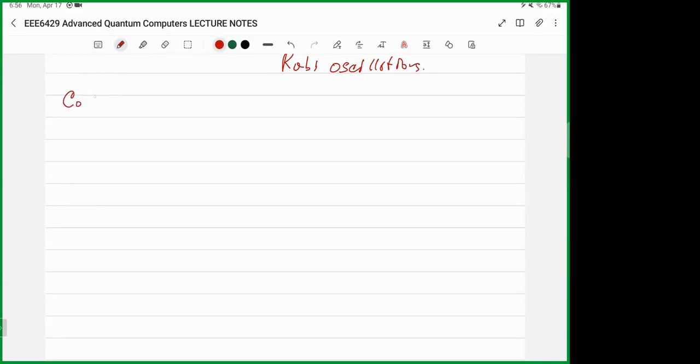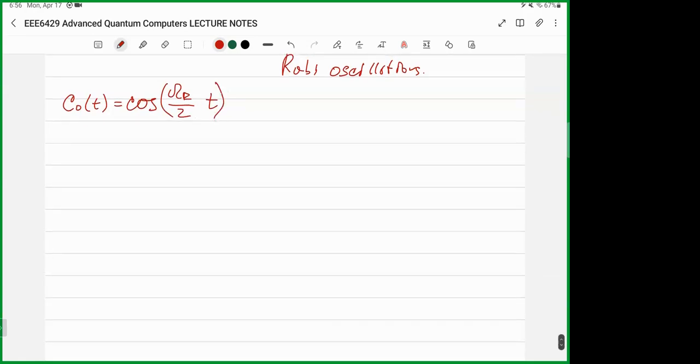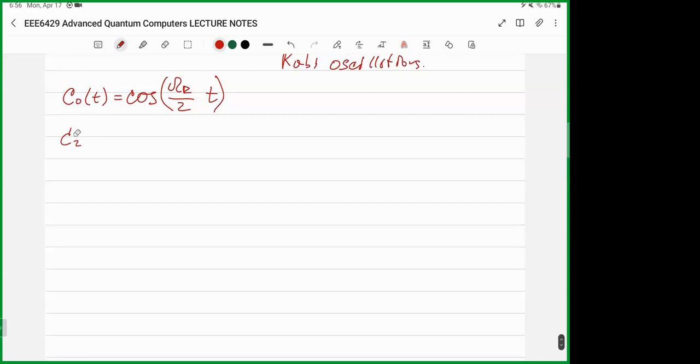So the solution of the first one will be C sub 0 of t equal to cosine(omega_R over 2 t). And the solution for the second one we can write through sine, with this imaginary unit: i sine(omega_R over 2 t).